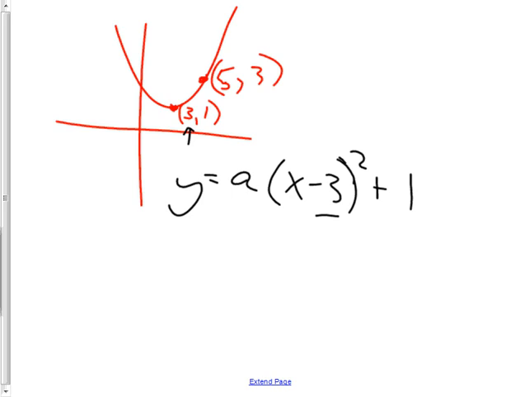It's kind of like not knowing the slope. On the other one, you got to figure out the slope separately. You have to figure out the a now. I'm going to use that same way I showed you. I haven't used this point yet, have I? Where could I put the 5 and the 3? For the x and the y.